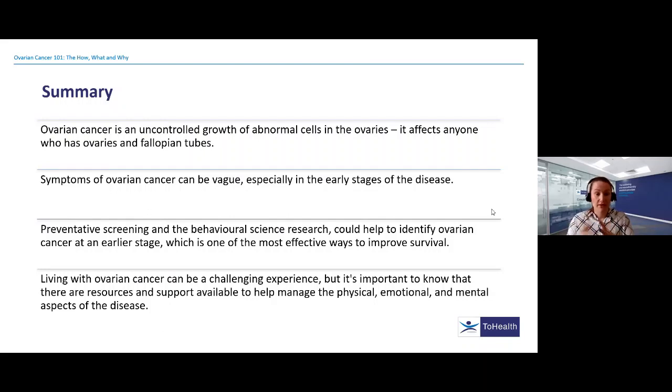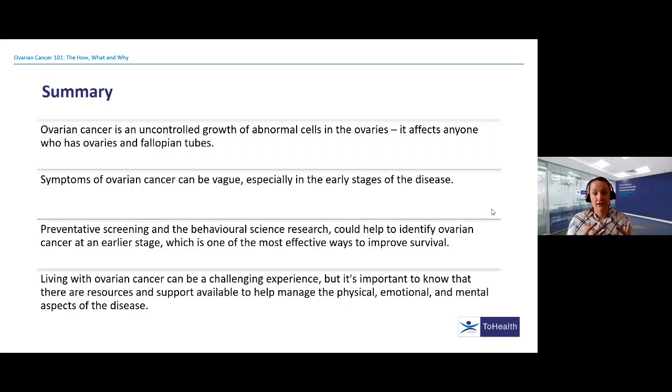So as we're drawing now to a close, we've gone through a lot of information today in such a short space of time. So let's just do a quick summary. We know that ovarian cancer is an uncontrolled growth of abnormal cells in the ovaries, and it affects anyone who has ovaries and fallopian tubes.